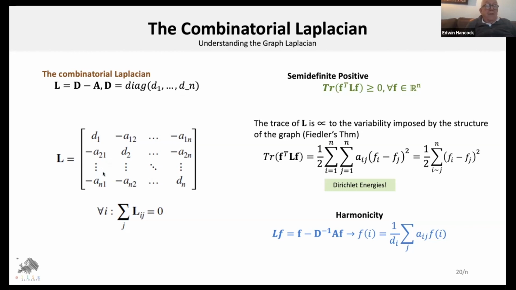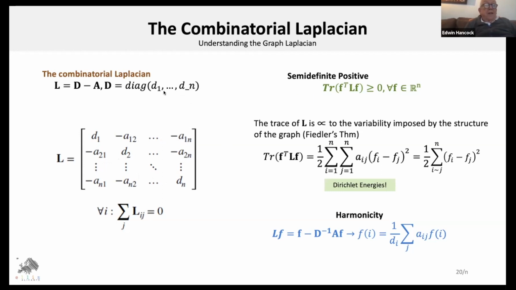So here I've written down the Laplacian matrix. We have the degree of the nodes along the leading diagonal, and then we have the negatives of the weights associated with the edges of the graph on the off diagonal. And if you look at any row or any column of this matrix, then the sum of the elements is equal to 0.